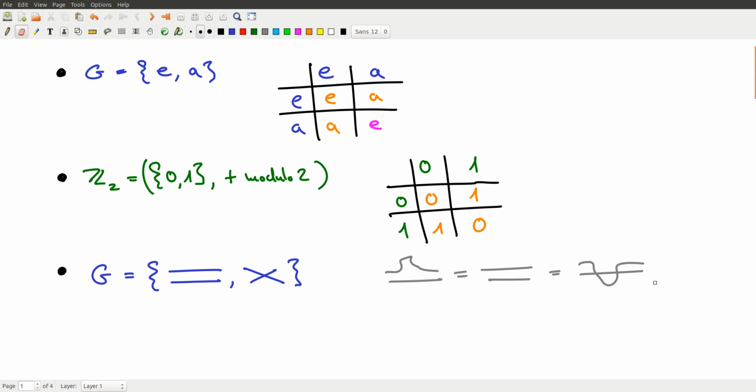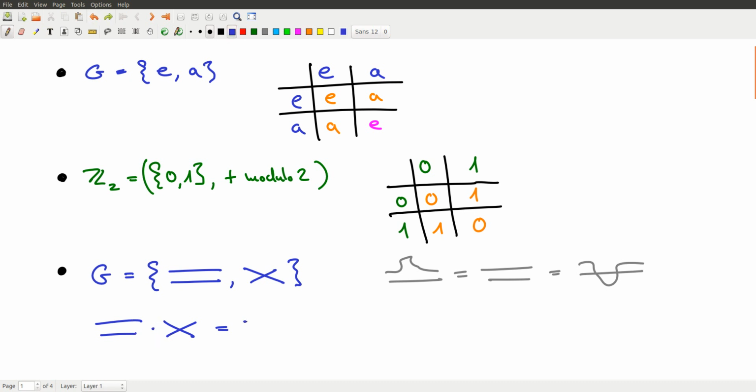Now, what shall be the group operation? If we take these 2 group elements and we multiply them, we want to just join the lines here in the middle.